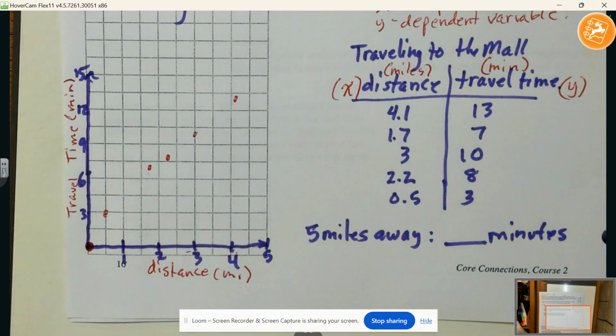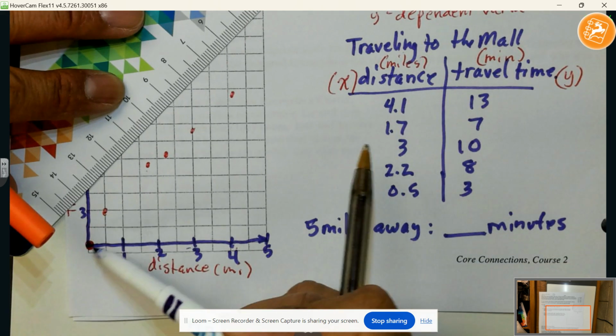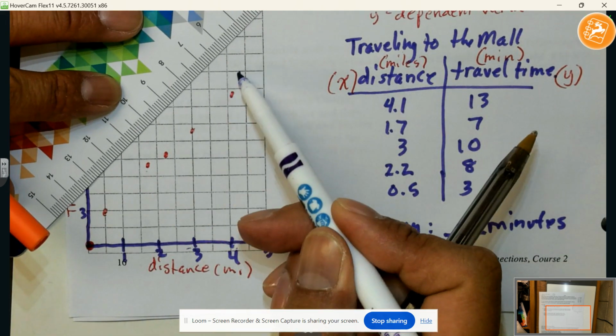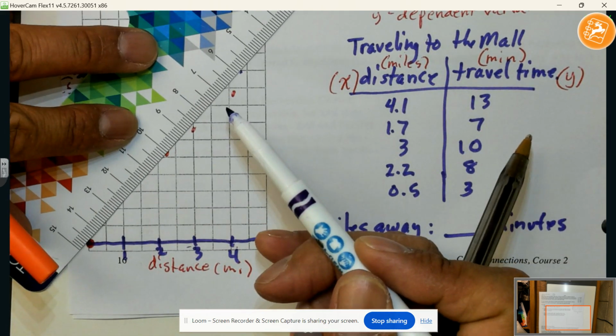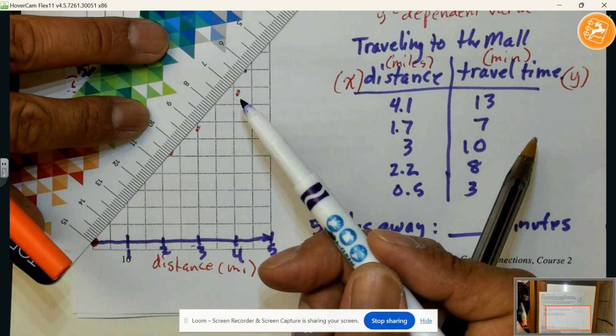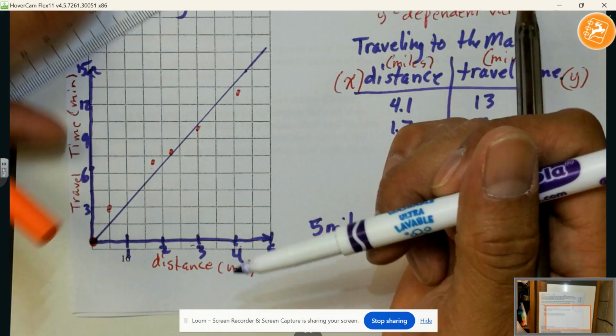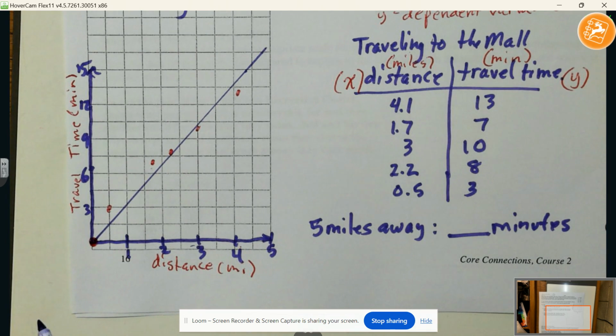Okay, so here is our data, and let's draw a line of best fit. We're going to go right in the middle of our data, which might be here. Notice how I made that point on the other side to give myself a point of reference. And that looks like our line of best fit. According to that line of best fit, how far away for 5 miles?